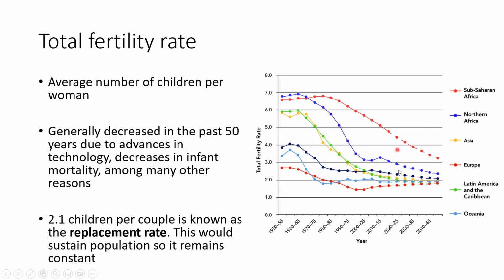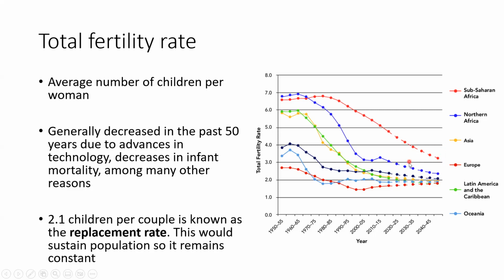But again, you can see we don't have quite the same level in all of these different spots. We're seeing what is generally referred to as more industrial places, like Europe, has the lower fertility rates. Sub-Saharan Africa, one of the poorer locations on Earth, has the highest fertility rate.